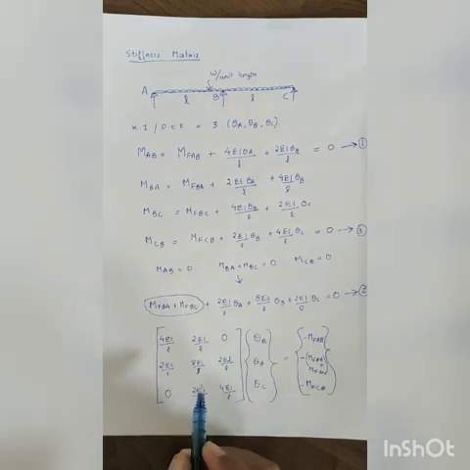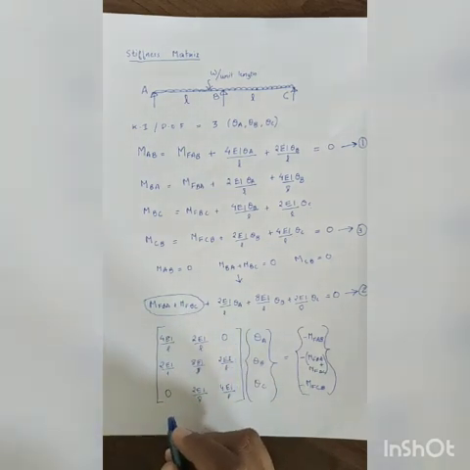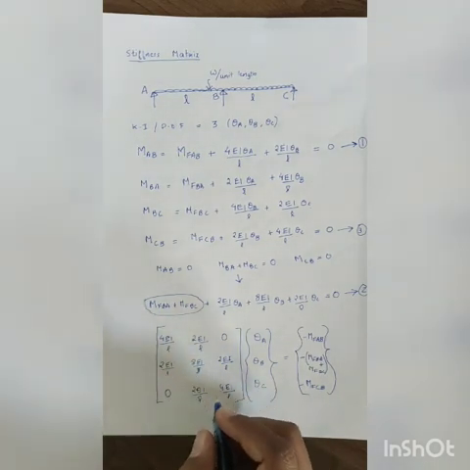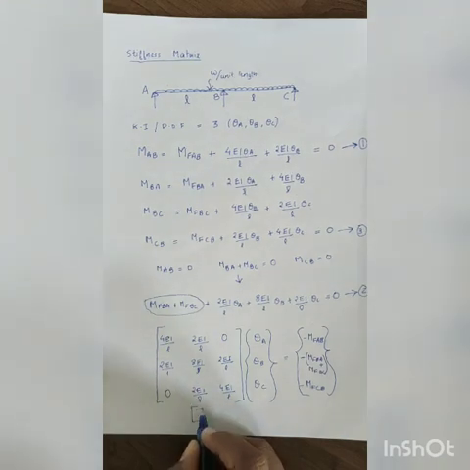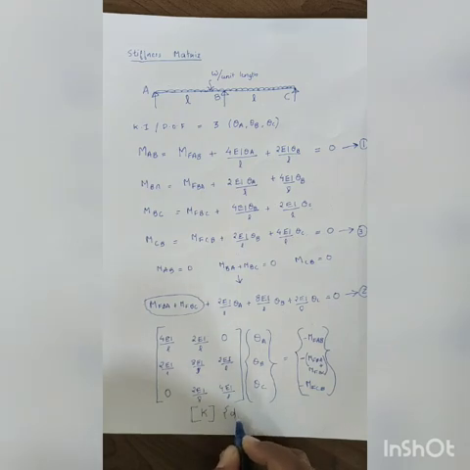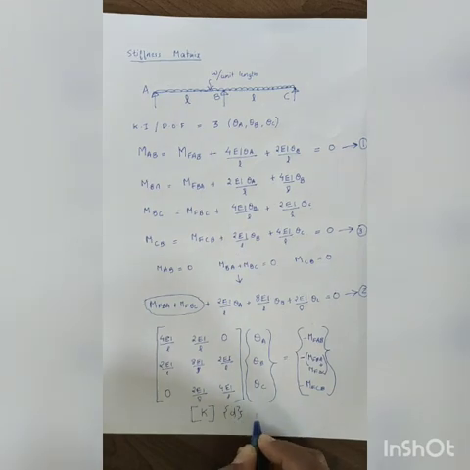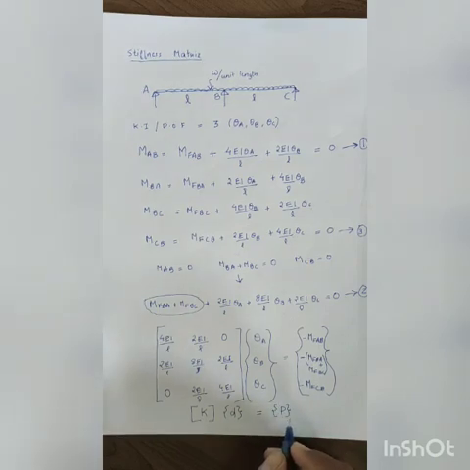matrix format. So it is a stiffness matrix. This matrix is known as the stiffness matrix. We normally represent it with the capital letter K, and this is the vector, we call it as displacement vector, that is represented by D, and this is represented by P. So this P is known as the equivalent joint load vector.